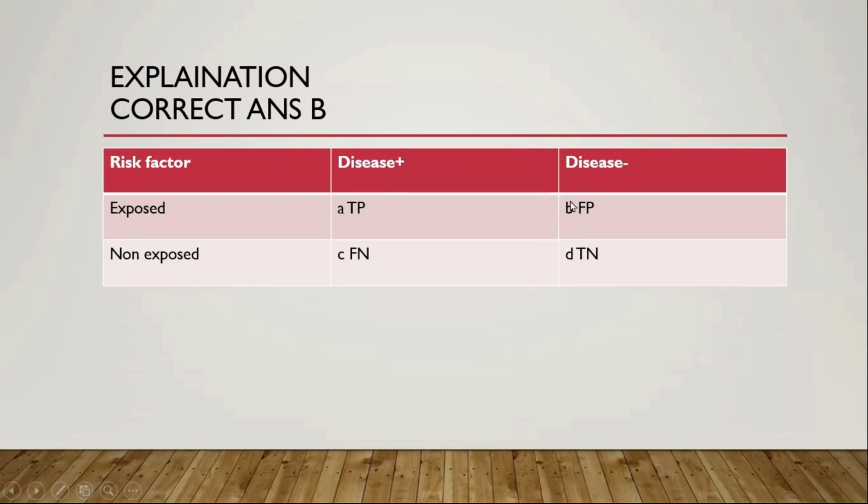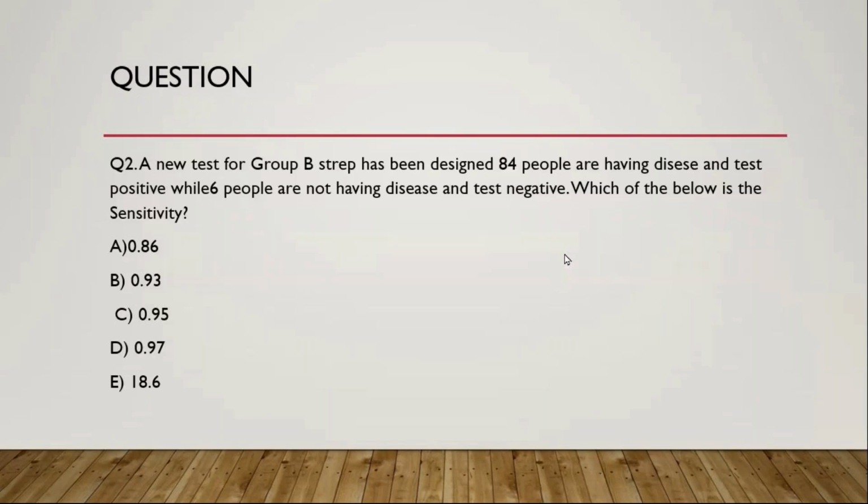And if the risk factor is not there and the disease is not there, then it is true negative, that is D. I hope that you have understood the question very well. All of you, please reply. Yes, ma'am.